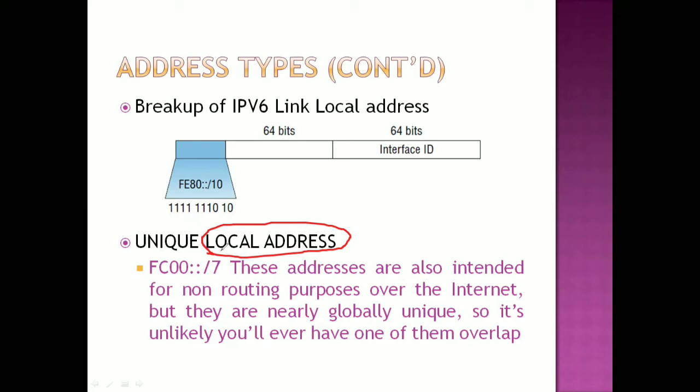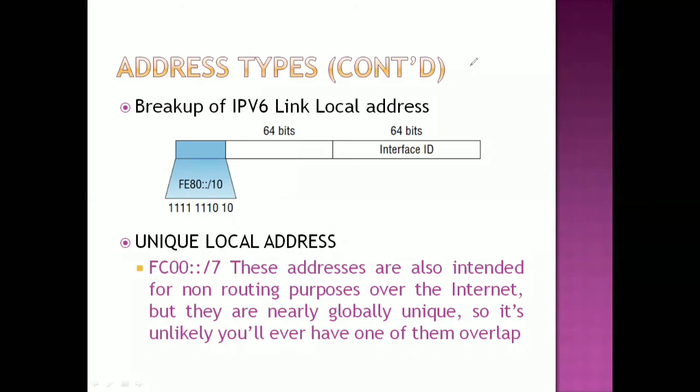If you get a unique local address, then that address will not allow you to move on to the internet, but that unique local address will not be given to any other host in the whole world. These unique local addresses start with the range FC00. So that was the unique local address concept.